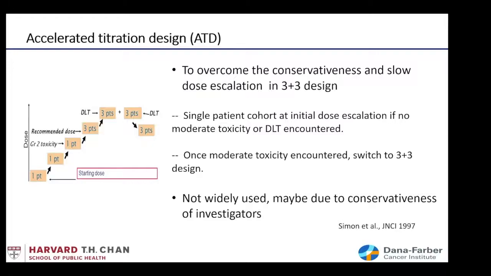For the Bayesian continuous reassessment design, we cannot see a picture like this one, but it does allow dose escalation after a 1 patient cohort. So I think this idea was probably inspired by the ATD design.